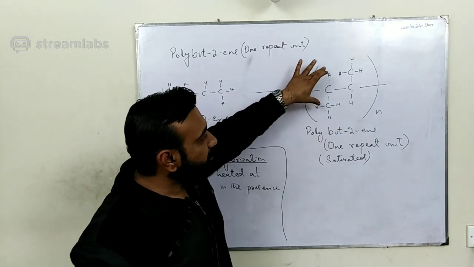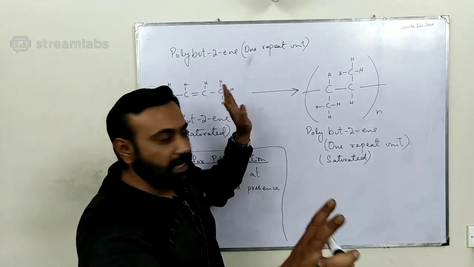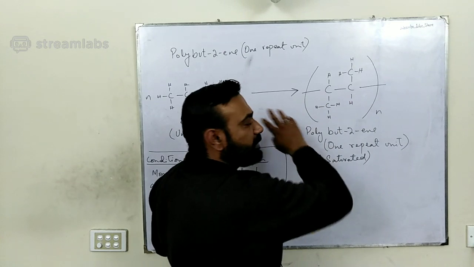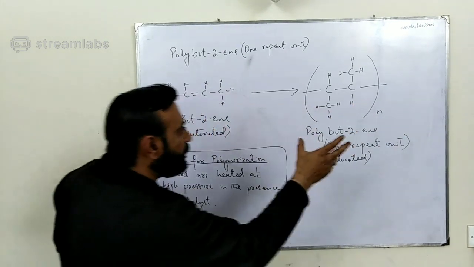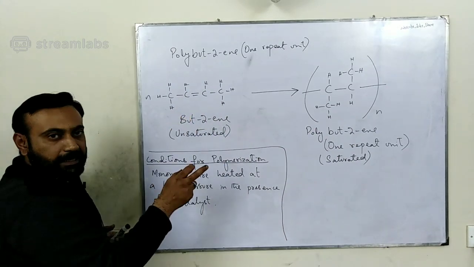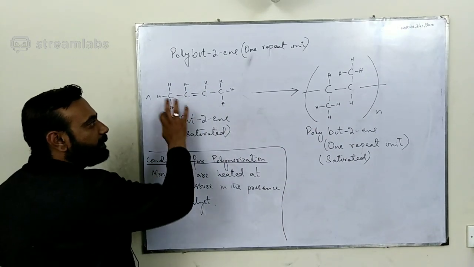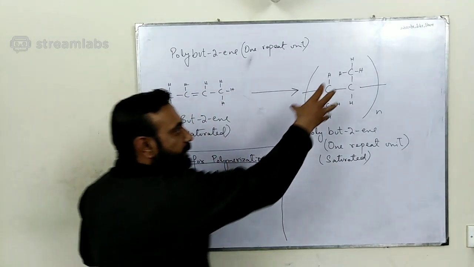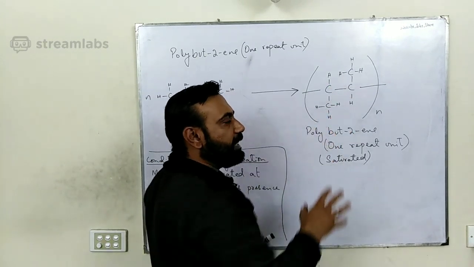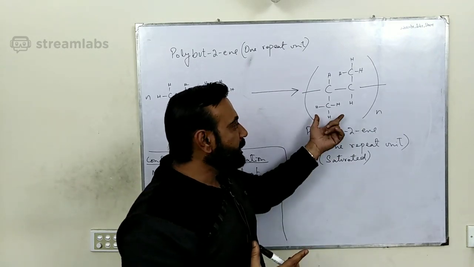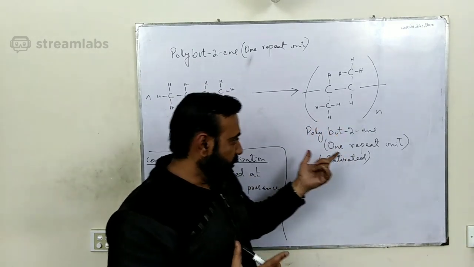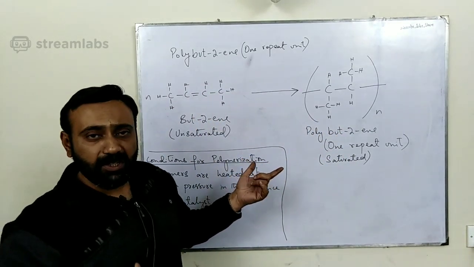So this chain is continued from both sides for n number of times. But this part of the chain is coming from one monomer only. One monomer had 4 carbon atoms and 8 hydrogen atoms, and this part has 4 carbon atoms and 8 hydrogen atoms. That means this part is coming from one monomer only, and that part is called one repeat unit.